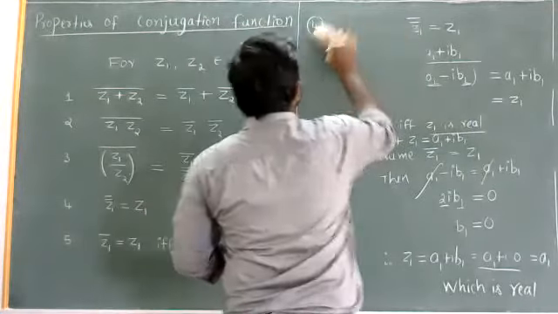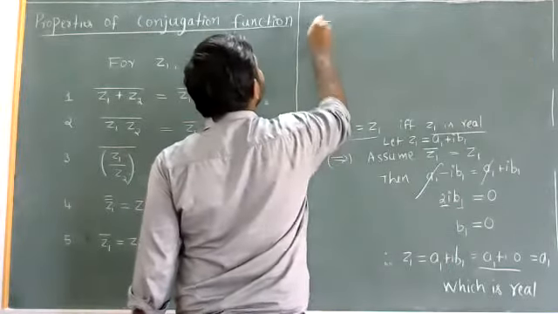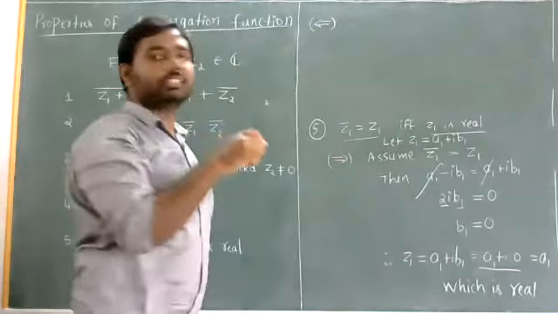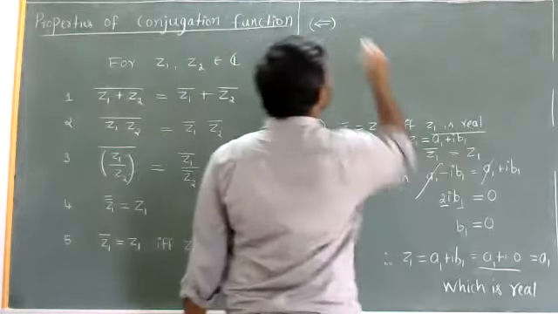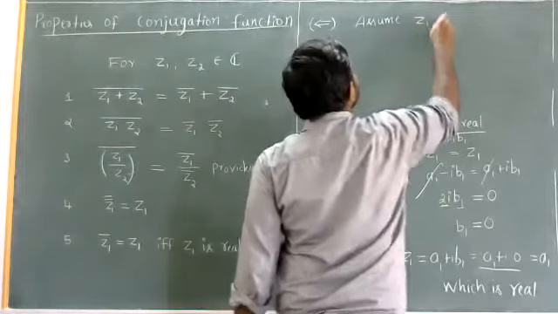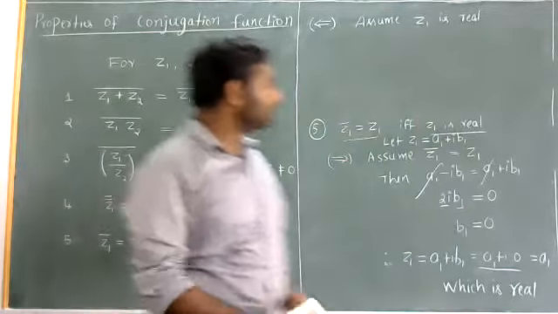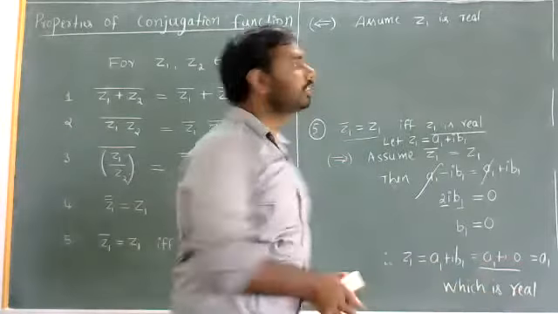Now the converse. Converse, what we have to assume? Assume Z1 is real. If Z1 is real, it means its imaginary part has to be 0.